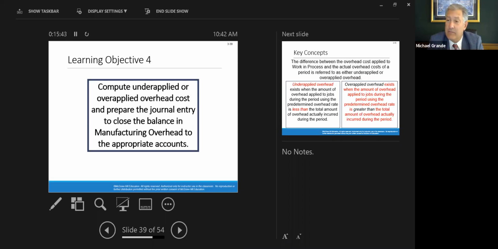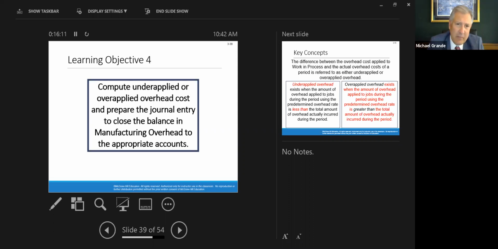Manufacturing overhead account is classified as a balance sheet account, an inventory account, but it's a temporary account, which means that we have to close it out periodically because it may include excess costs or over-applied costs, and we need to resolve it.